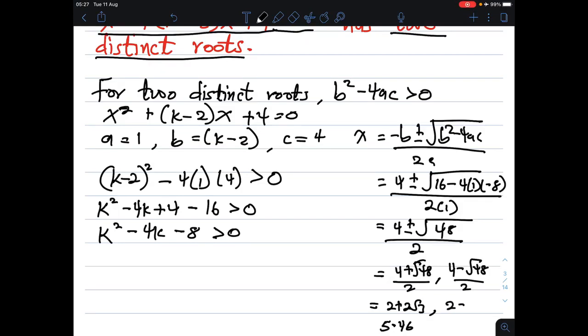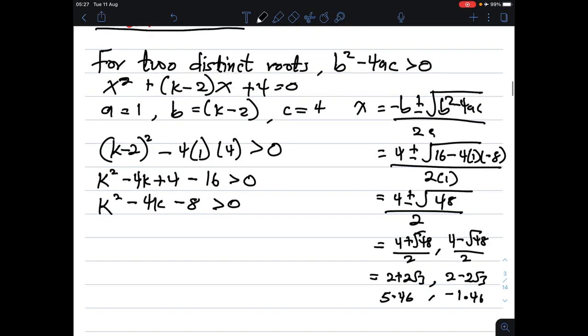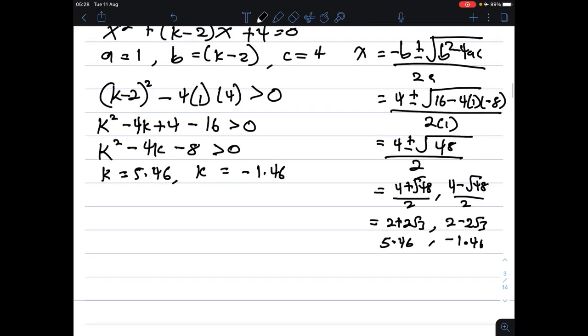That will give us 2 minus 2 root 3, or in decimal, -1.46. So when we equate this to 0 and we solve, let's say k is equal to 5.46, and then k is equal to -1.46. Well, this is an inequality, so the best way to solve an inequality is to actually sketch.